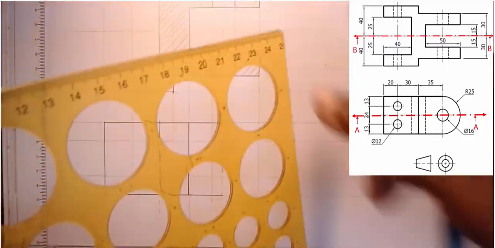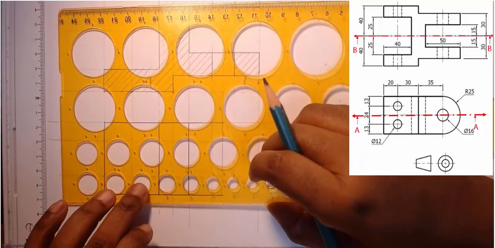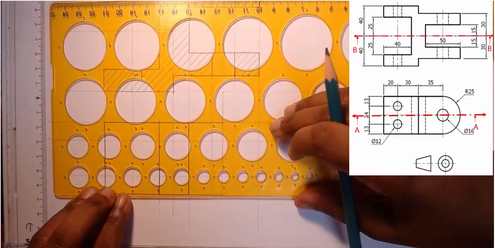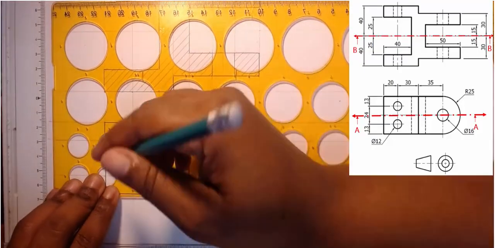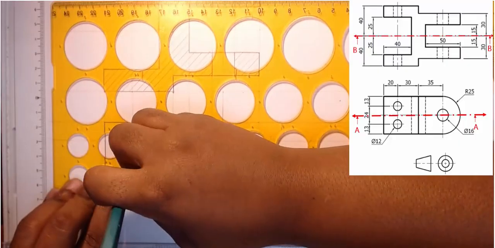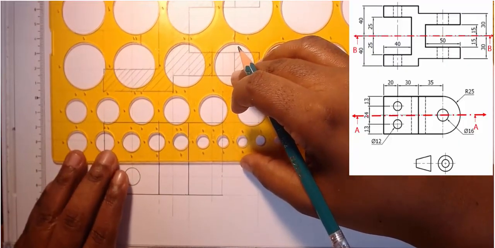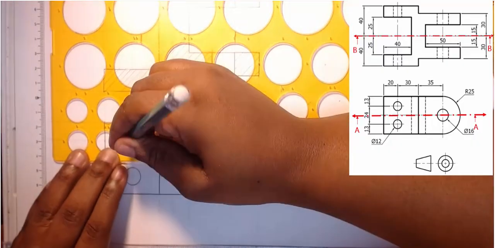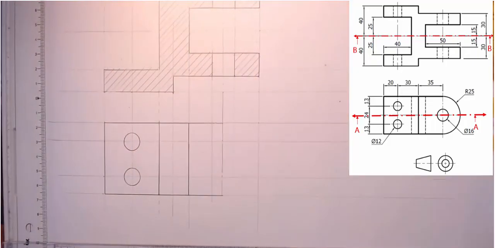Diameter of 12 is what? 14, 13, 12. So going to put it way up. Here's my 12, and then let's also move it here as well. And let's draw the 12. Right. And do the 12 here.